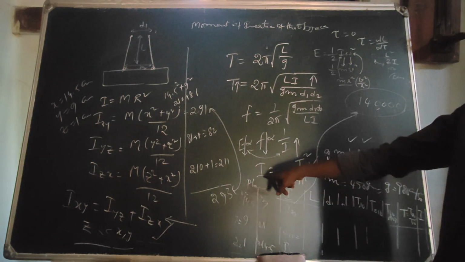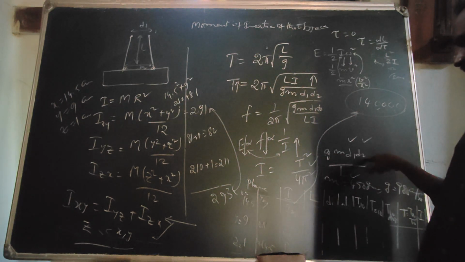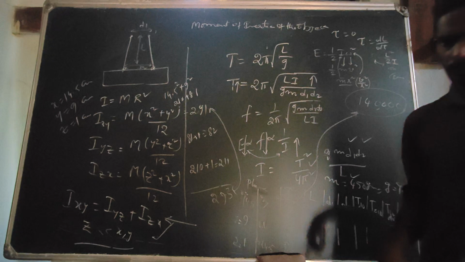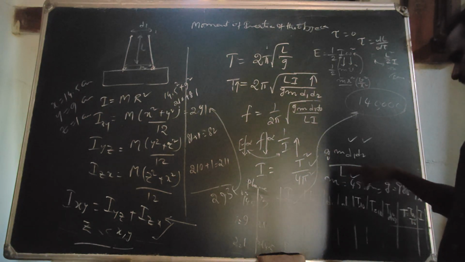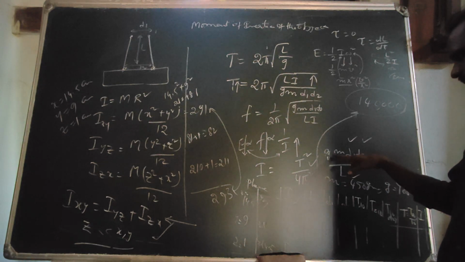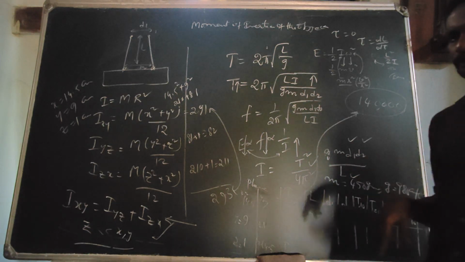So for this moment of inertia we require T, g, m, d1, d2, l, all these values. 4 pi square is a constant. So we are taking g as 980 centimeters per second square, m value 450 or whatever, you can measure it and verify.